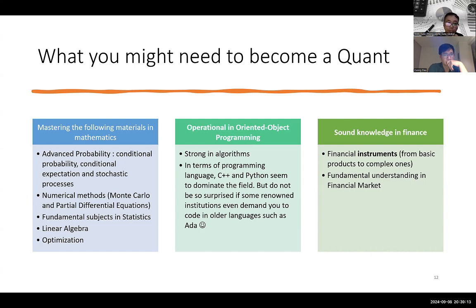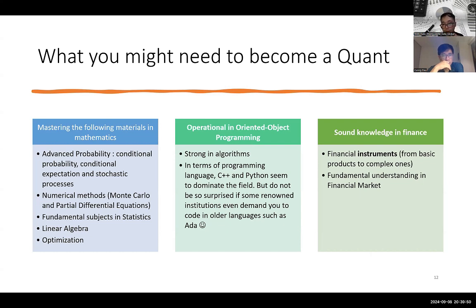And I would like to emphasize that in this world, we do a lot of stochastic processes, right? The second thing I would like to mention is numerical methods. You should be strong with numerical methods, such as Monte Carlo and partial differential equations. The two things are very important.